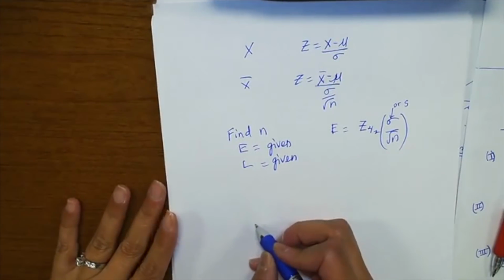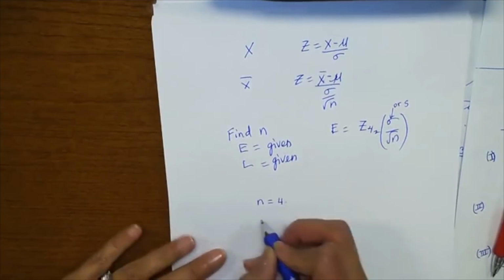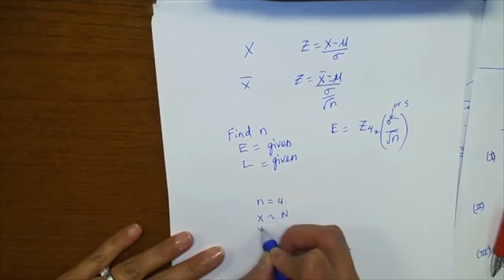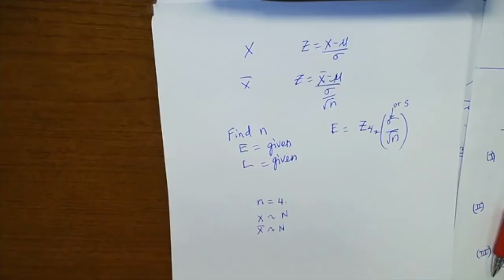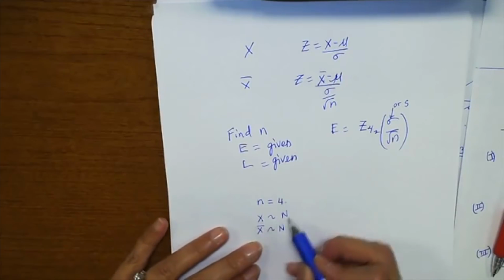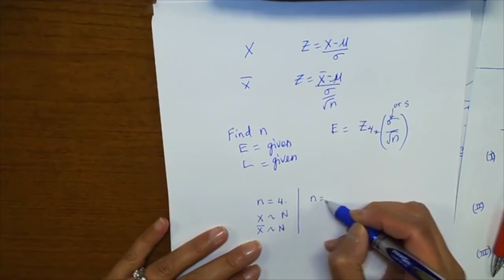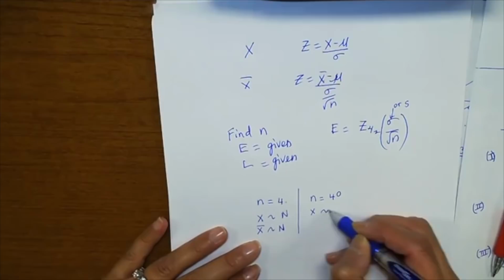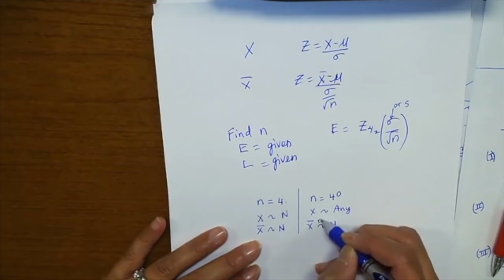Let's say that n is 4. If X is normal, X bar is normal. I don't care what n is. If X is normal, X bar is always normal. If n is 40, X could be anything, and X bar is roughly normal.